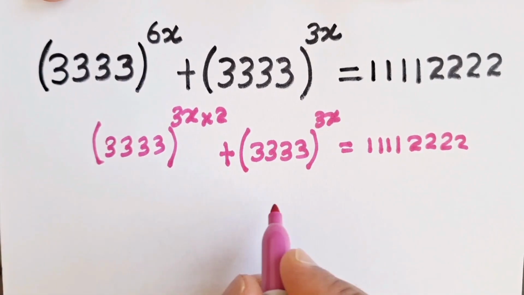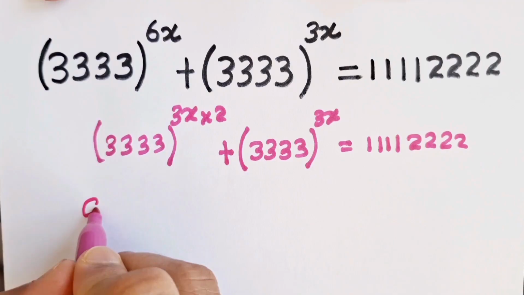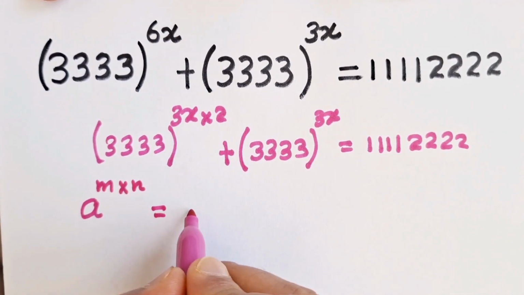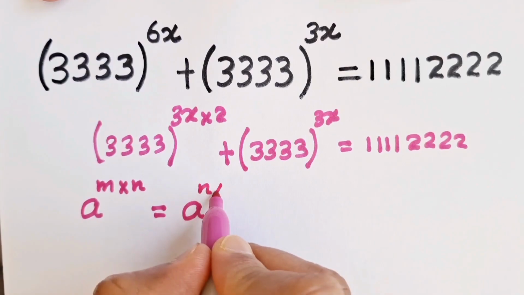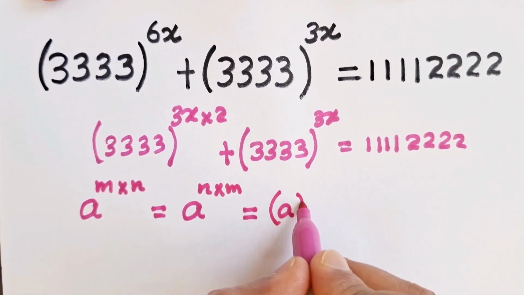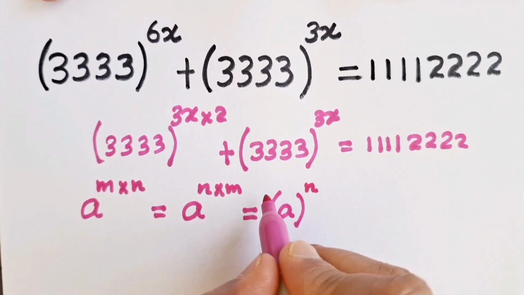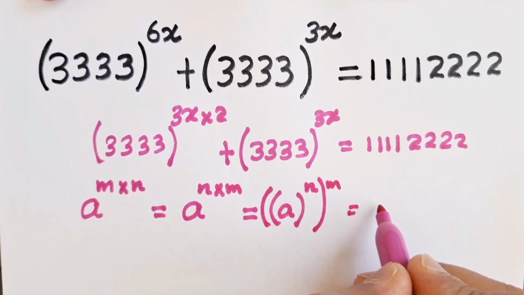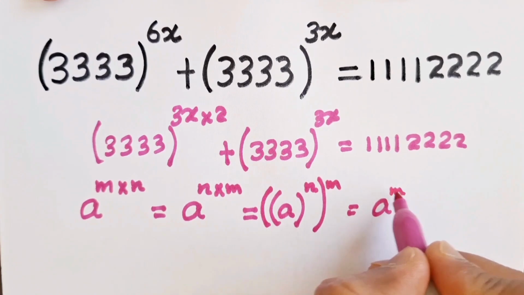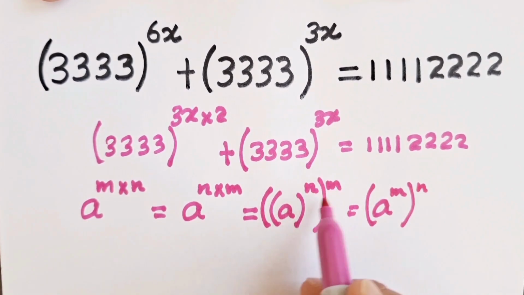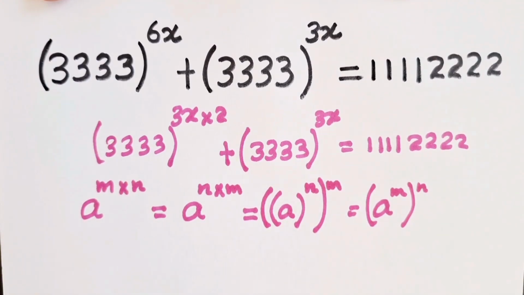According to the exponential rules, a to the power of m times n is equal to a to the power of n times m, which is also equal to a to the power of n to the power of m, equal to a to the power of m to the power of n. We are allowed to switch these m and n values without any problem.